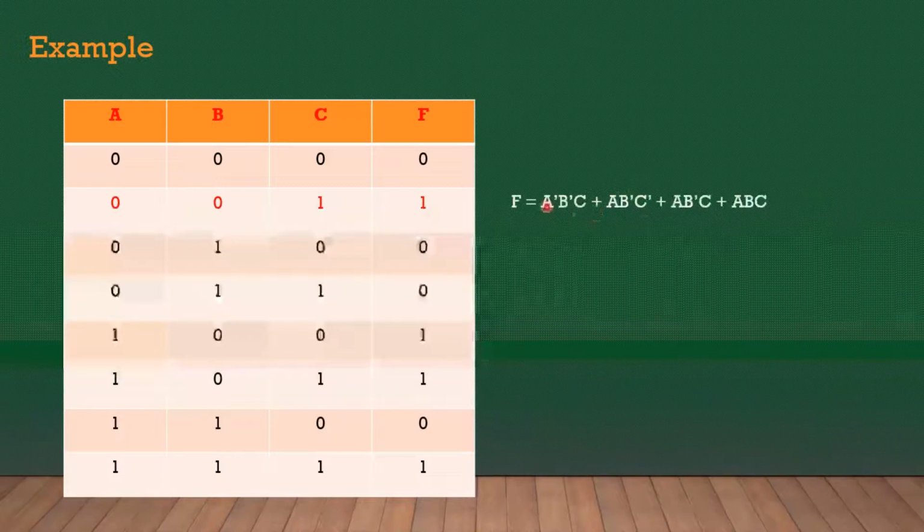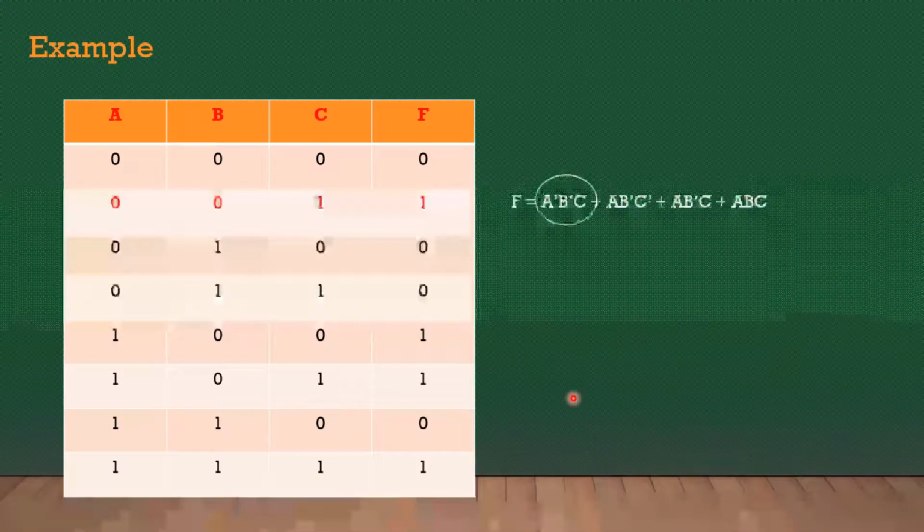Like this, the expression: A naught B naught C. A naught for this one, just look here. A naught B naught C. Okay, this one. And the next is here, that is A B naught C naught. That is this one, A B naught C naught.